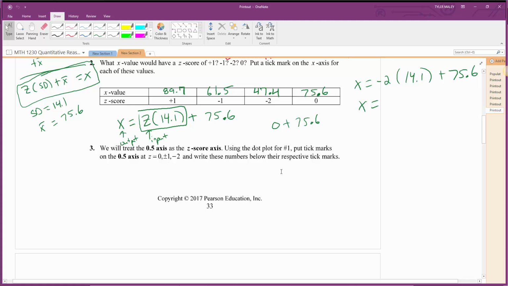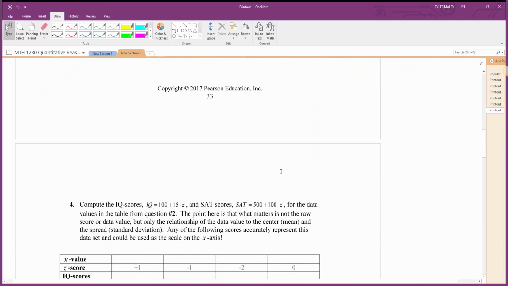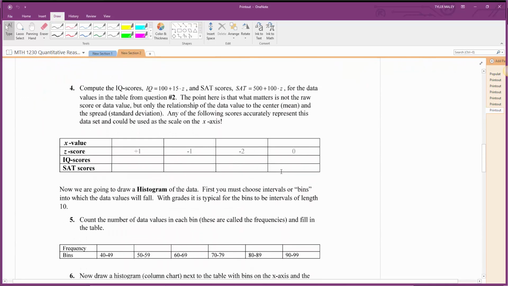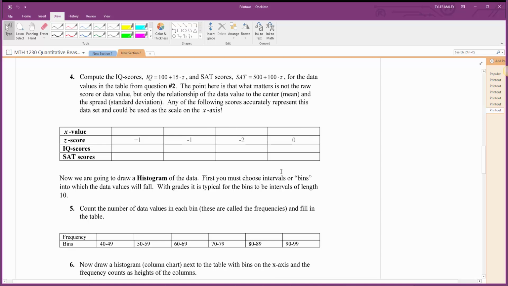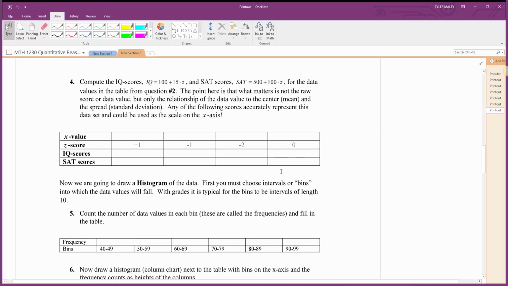So it says we will treat the x-axis as the z-score axis using the dot plot for number 1, put tick marks for the z values. We already did that, we already did number 3. So number 4, we're still using this data. We want to compute the IQ scores and the SAT scores for the data values in the table from question 2.